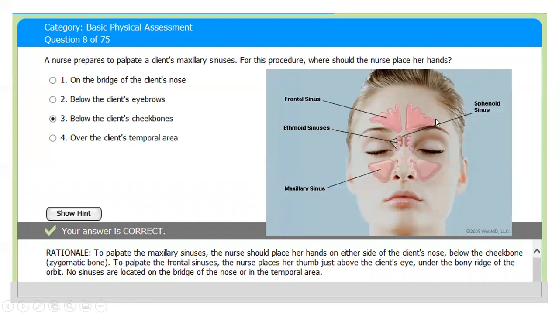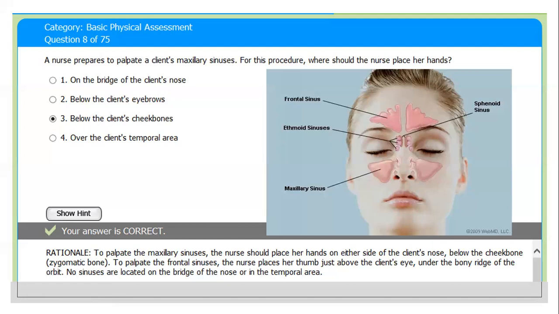In this picture, we can see different sinuses: frontal sinus, ethmoidal sinus, sphenoid sinus, and maxillary sinuses. The maxillary sinus is a type of paranasal sinus.